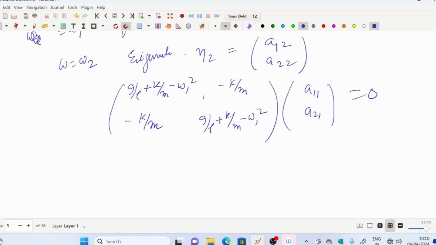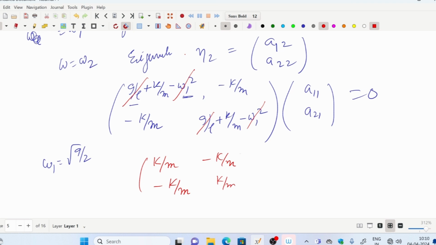Recall omega 1 is root g by L, so the g by L terms cancel. You will be left with k by m, minus k by m, minus k by m, plus k by m, acting on a11 and a21, which will be 0.